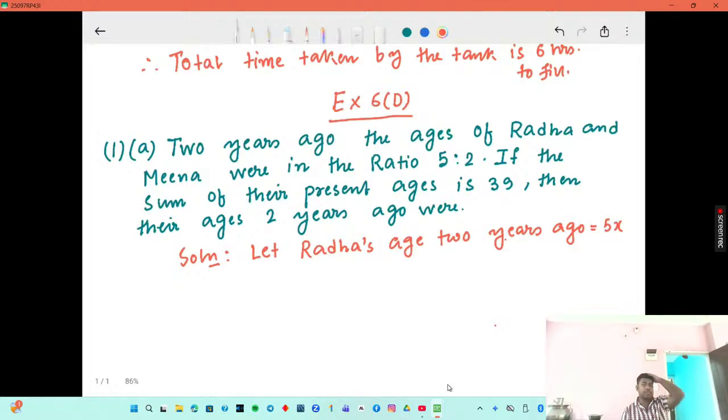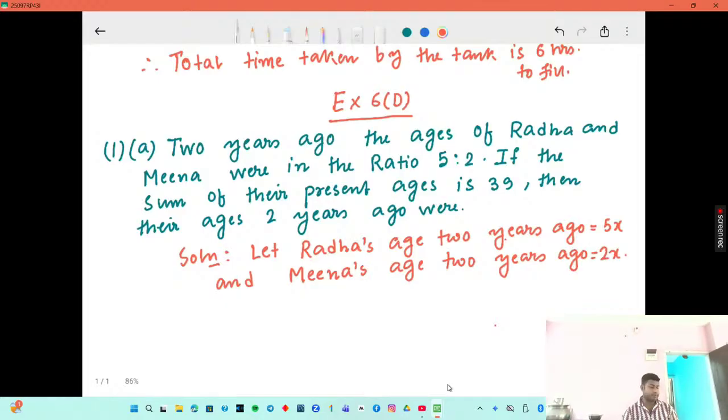So Radha's age 2 years ago is 5x, and Meena's age 2 years ago is 2x.